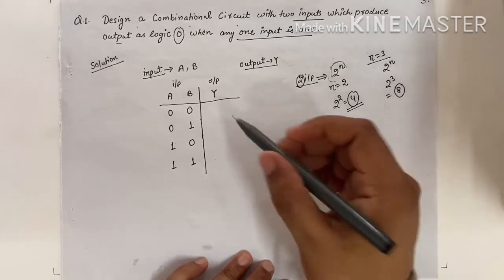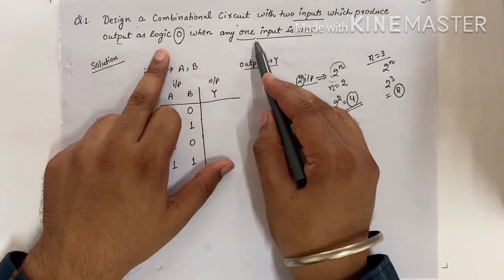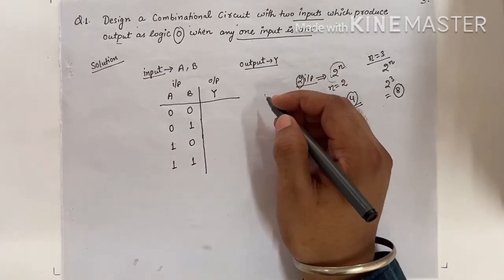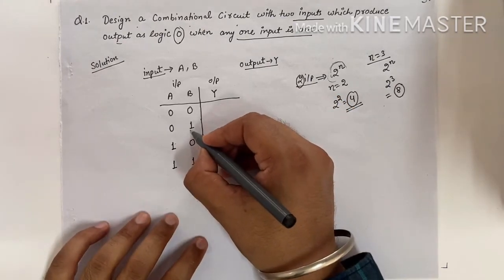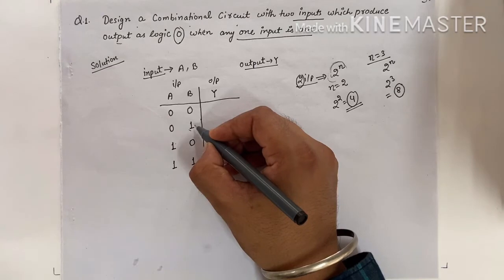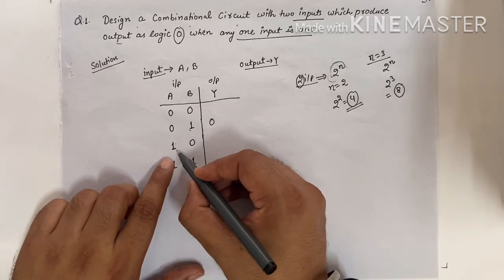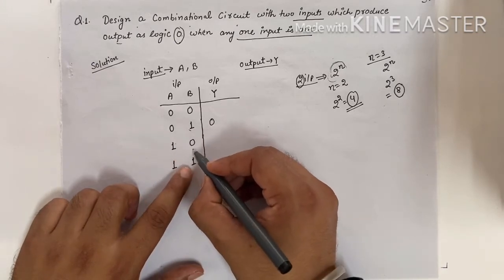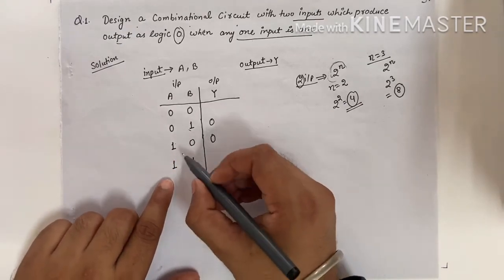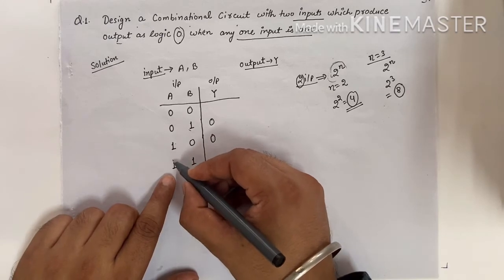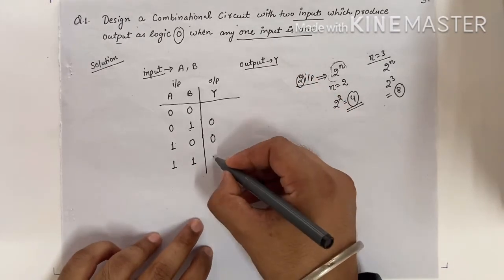Now we have to determine the output. We can see the output is logic 0 when any input is 1. In this condition, A input is 1 and B input is 0, so one condition is satisfied and the output is 0. In this condition, input is 1 in A and 1 in B, so one input is 1, then we write logic 0.